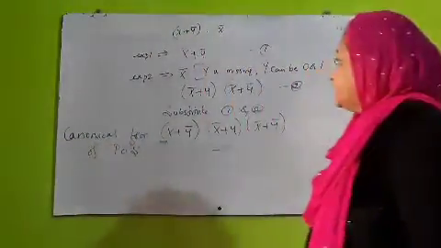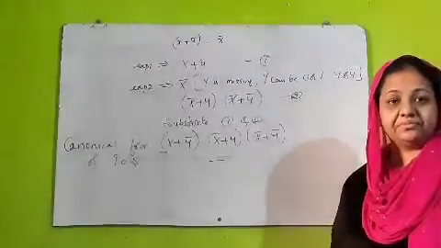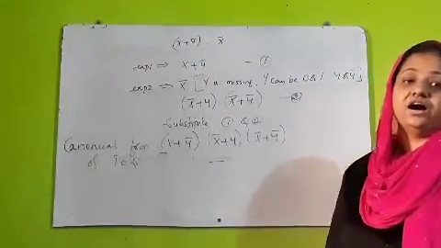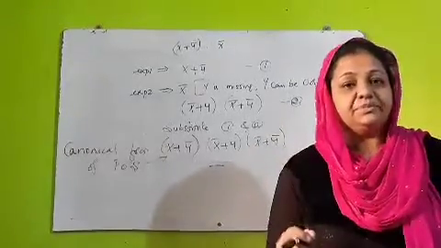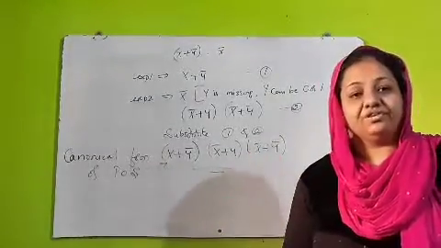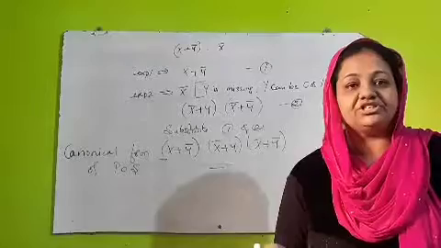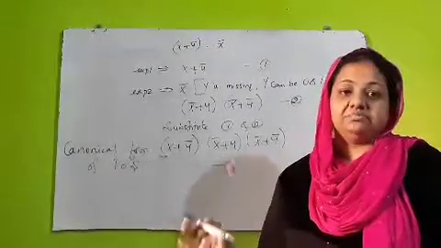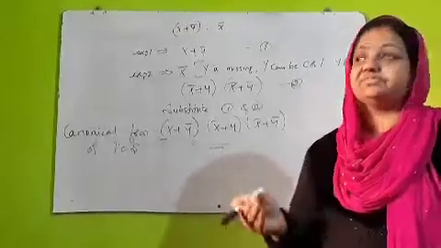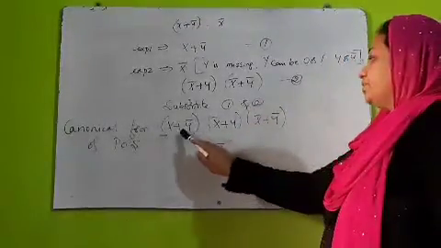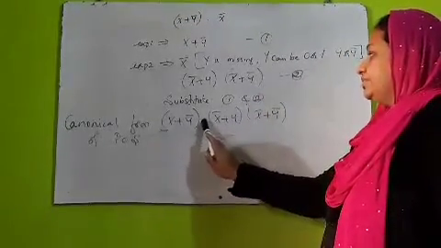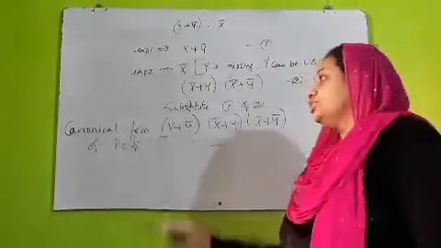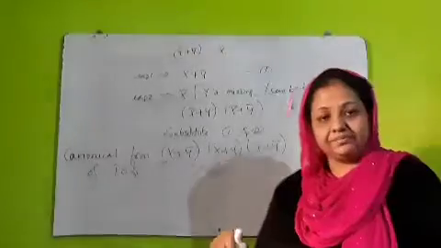Fine everybody? So let me explain. Now let us see how we can express or convert a given Boolean expression to canonical form of POS. POS means product of sum. Product means dot, it means multiplication.